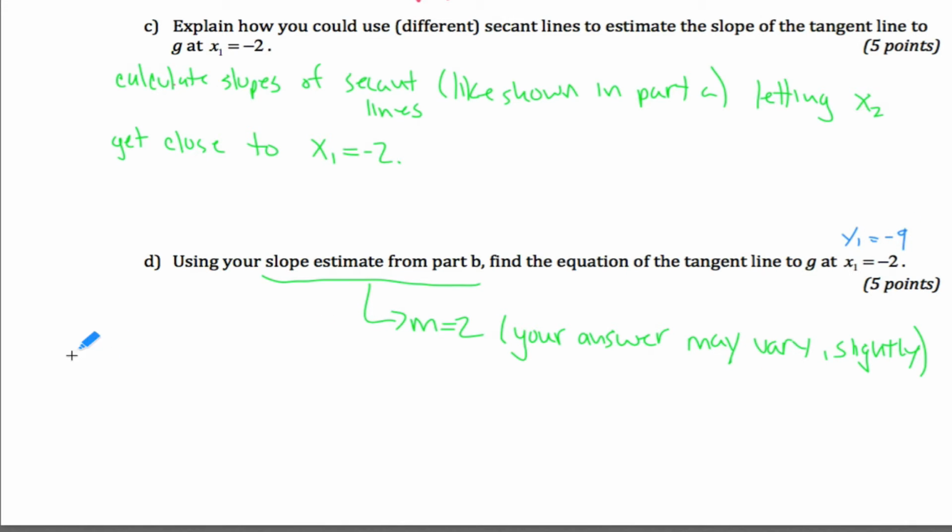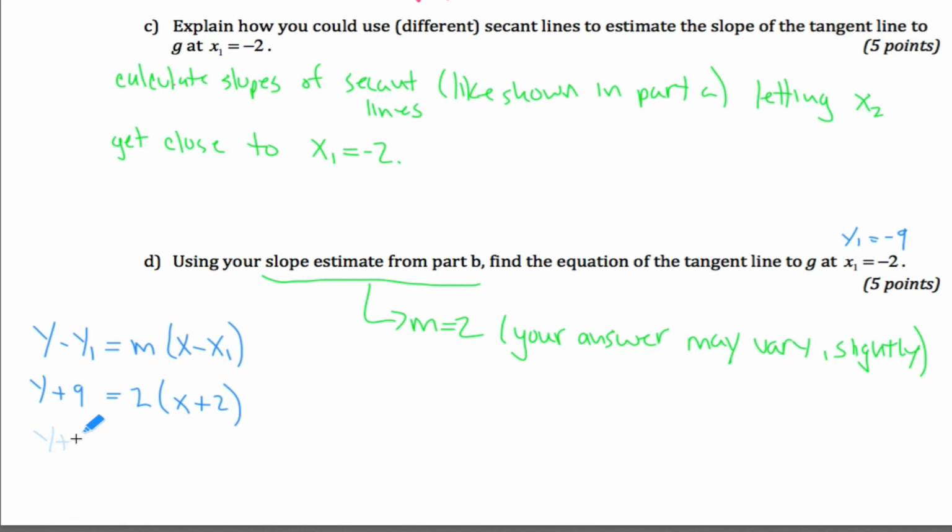I can take point slope form, which is y minus y1 is equal to m times x minus x1, and plug stuff in. y1 is equal to -9, so I got y minus -9, aka y plus 9, and that's equal to m times x minus -2, aka x plus 2.